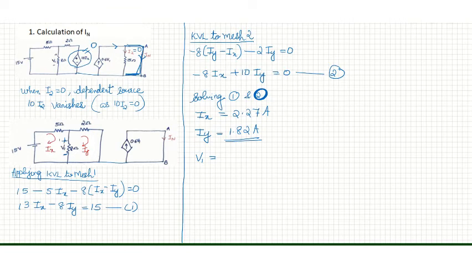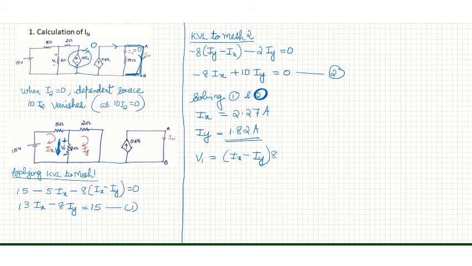That means the net current through the 8 ohm resistor flows in this direction, so the current through the 8 ohm resistor is Ix minus Iy.